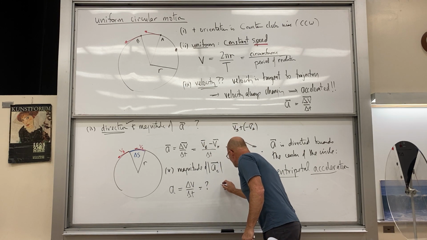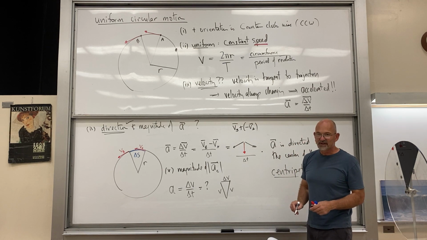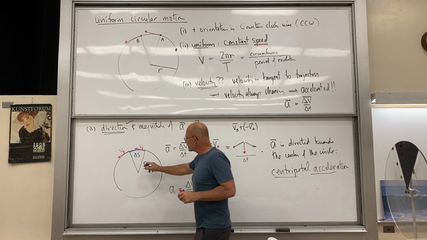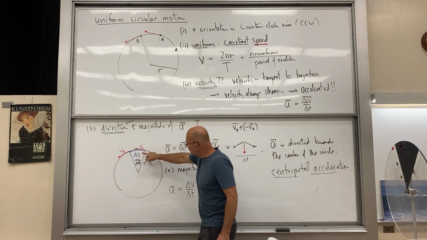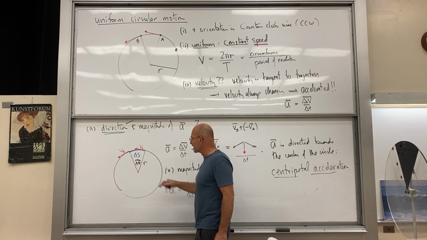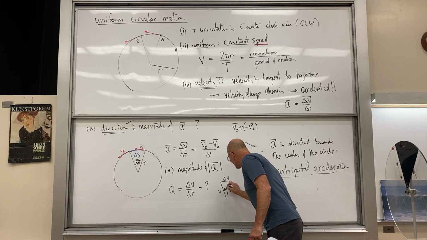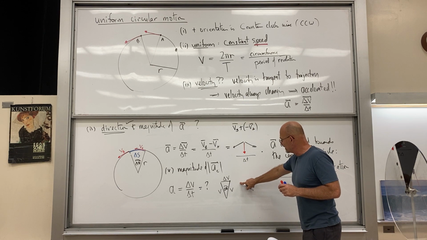So if we label this triangle V, V, and delta V for the change in V, okay, then by construction, we've got this delta theta in here. Remember, the delta S was the perimeter, the delta theta is the angle that goes with it. By construction, we have the same angle.